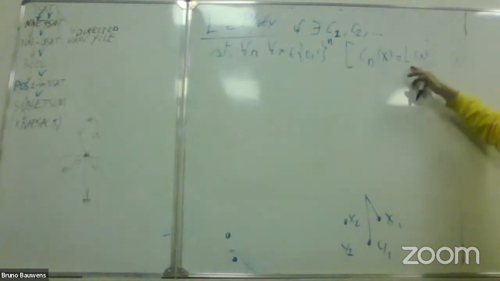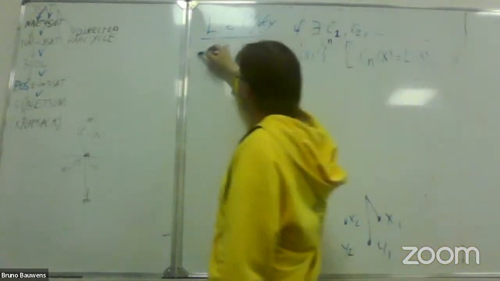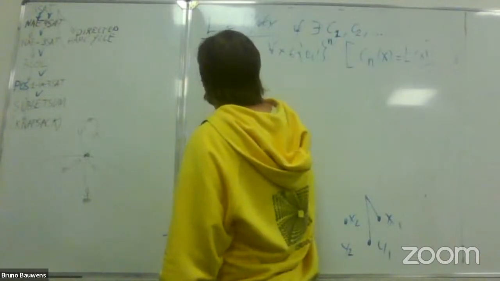So L of x is the indicator function for the language L. This is the first condition, and then the second condition.